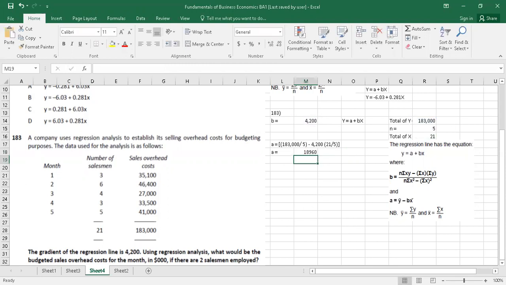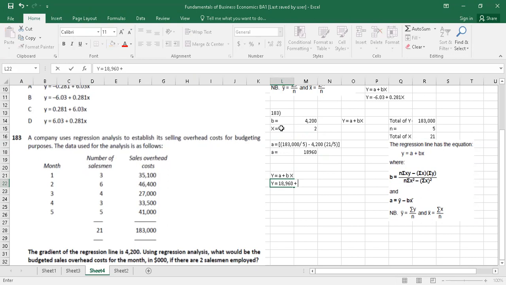Okay. If there are two salesmen, number of salesmen is x. So x is equal to 2. Y is equal to a plus b x. So a and b we have already got. We have the value of a, which is 18,960, plus the value of b.